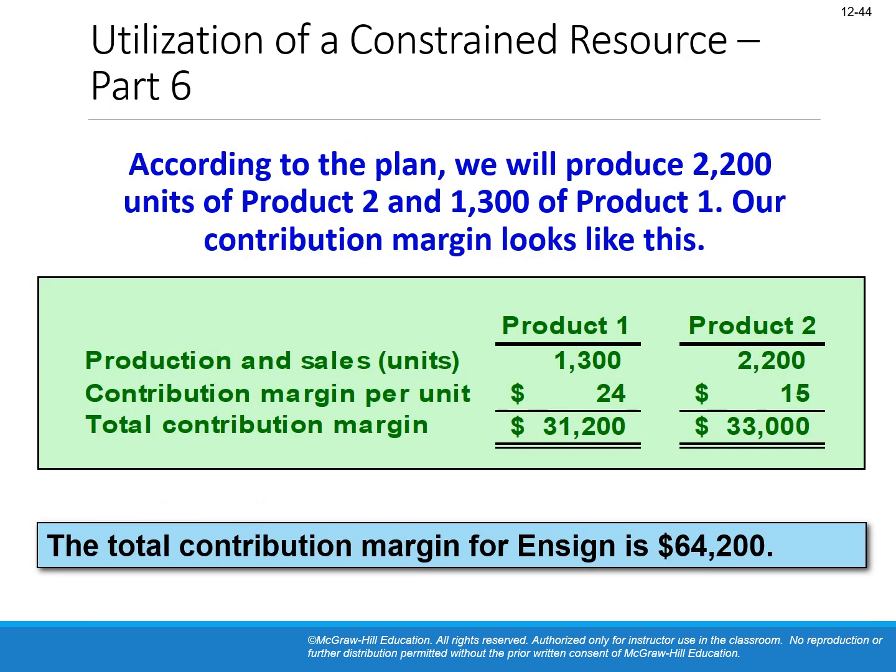So satisfying the demand of product 2 will get us a total contribution margin of $33,000 and $31,200 from allocating the rest of the constraint to product 1. And therefore, in total, the company will have a contribution margin of $64,200, which is the maximum possible combination.